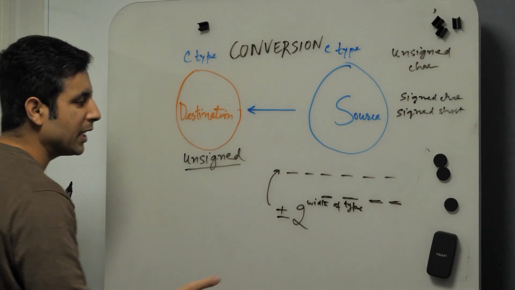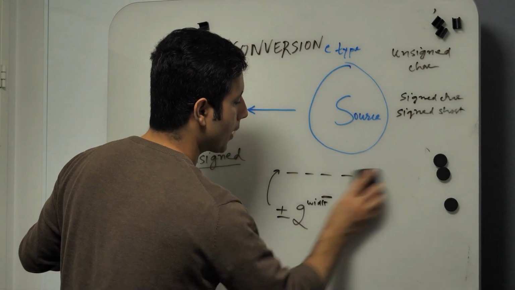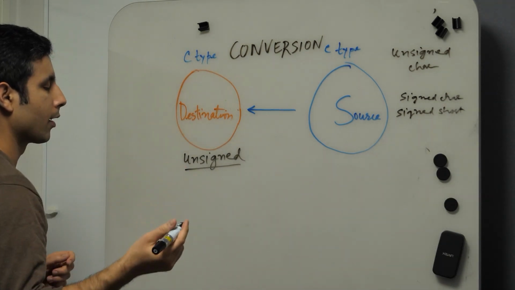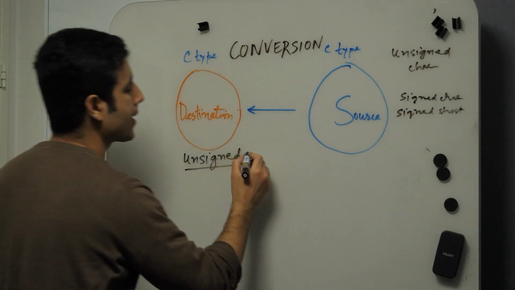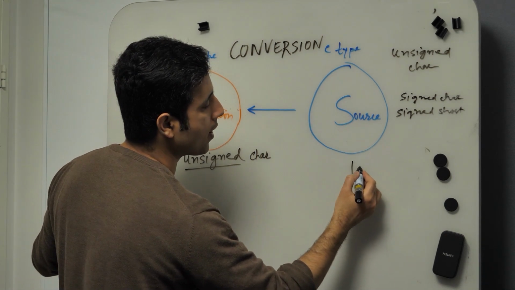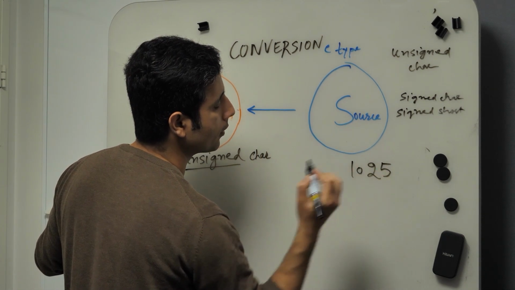What that essentially means is that, for example, say you have an unsigned character and you have a signed value, say 1025.